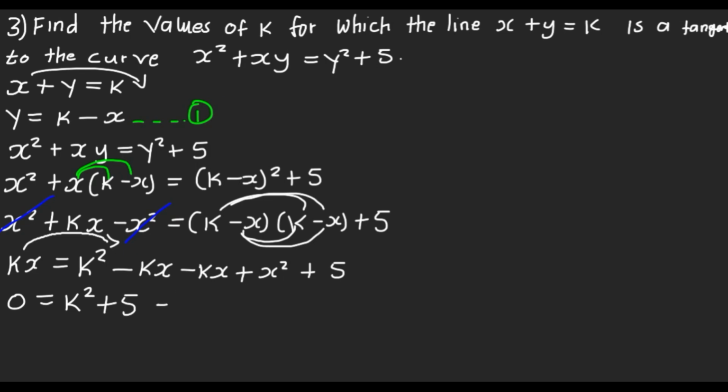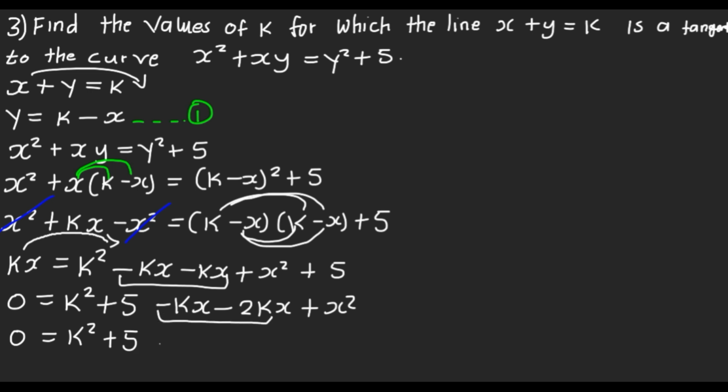Then we are going to have negative kx, negative times negative minus negative we add, which is giving us negative 2kx plus x squared, which is 0 is equal to k squared plus 5. So if we add now, these will give us negative 3kx plus x squared.